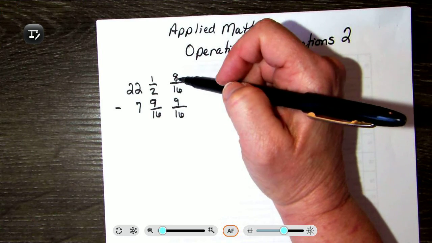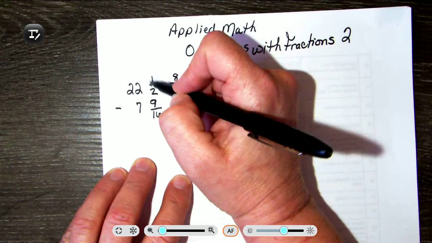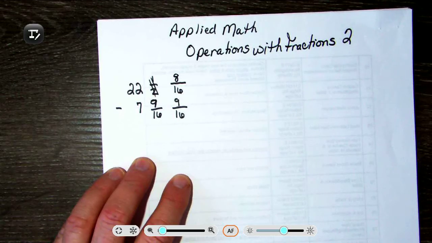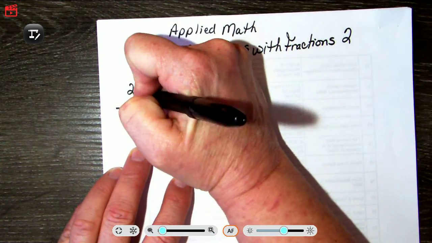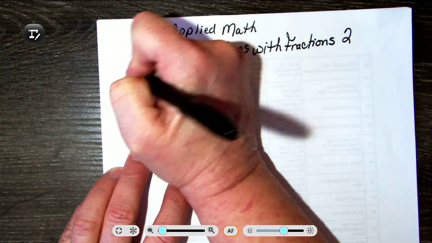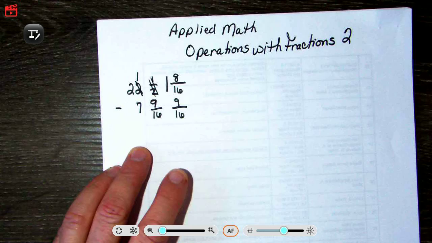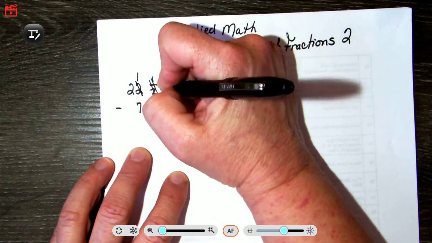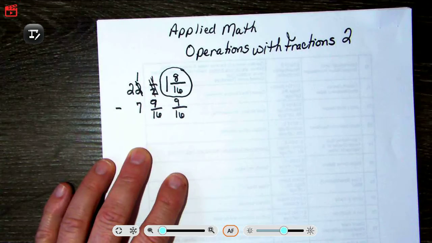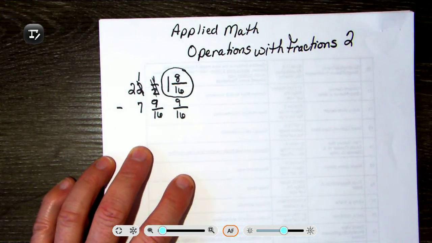Now I want to subtract 9 from the 8. However, I cannot do that, so I'm going to need to borrow. So I'm borrowing from the 22, so that's going to change that 22 to a 21. And here's that 1 that we picked off. Now I'm going to change this 1 and 8/16 into its improper form so that I can then subtract from it.